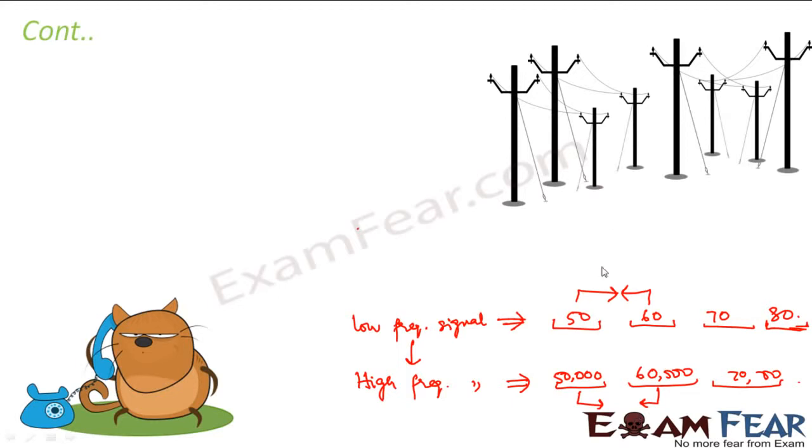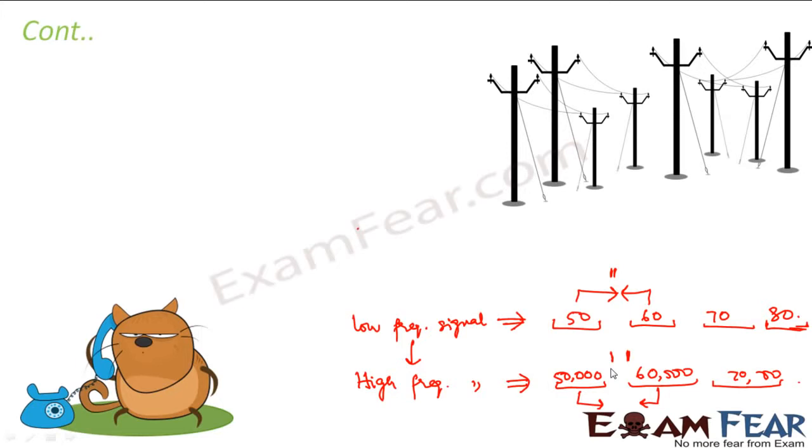So here in this case, the gap between the two signals is very less. But here, the gap between the two signals is huge. So the chances of mixing up are less. So that is the advantage of converting a low frequency signal into a higher frequency signal, because in higher frequencies, the frequency slots which will be given to each signal, the difference between them will be huge, because of which the mixing of the signals can be avoided.